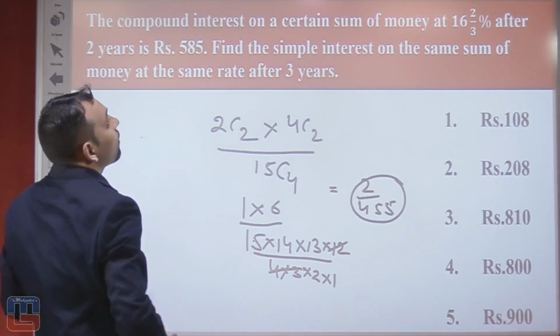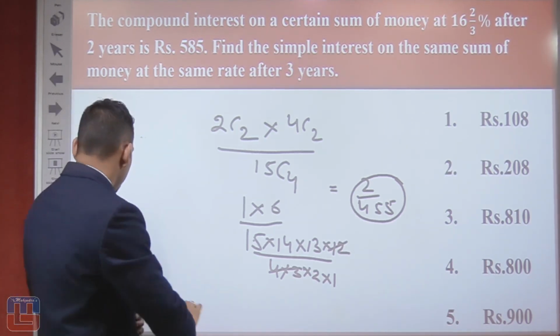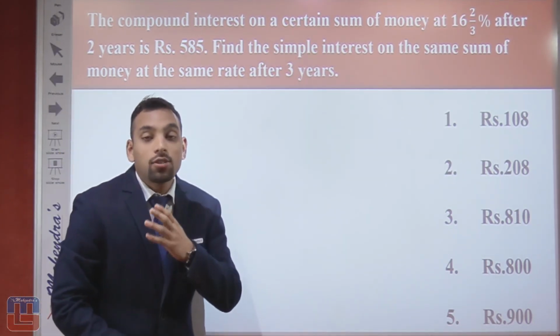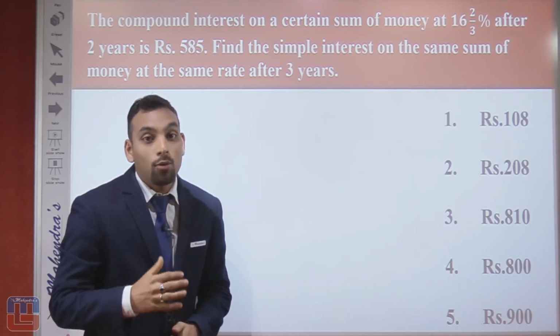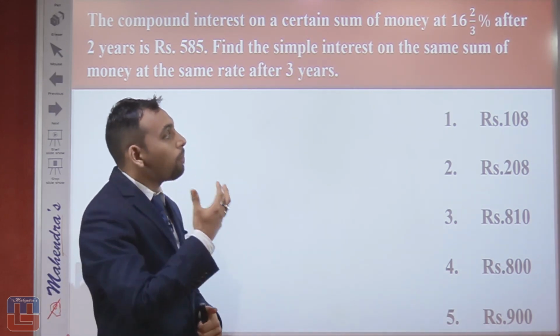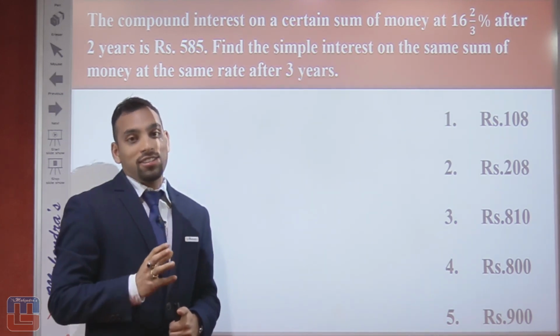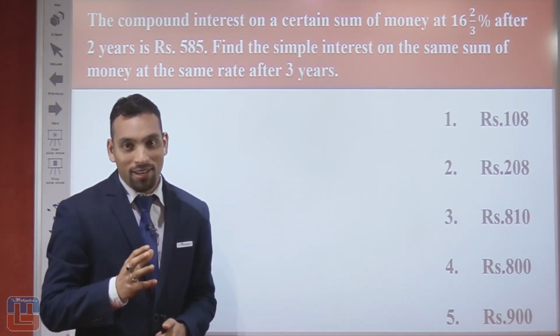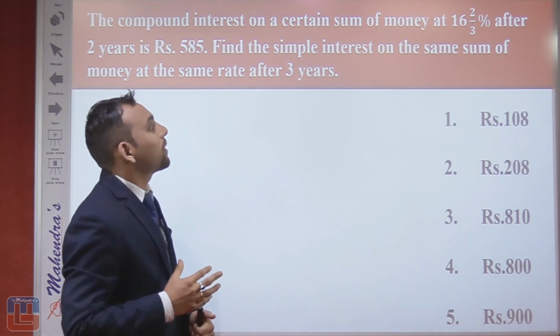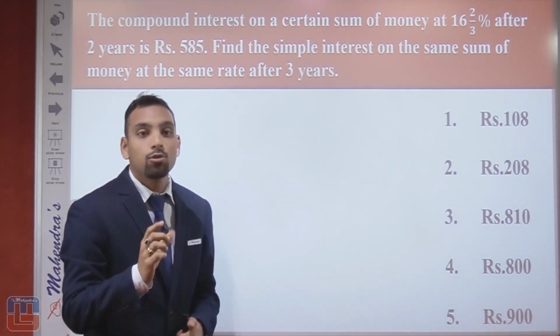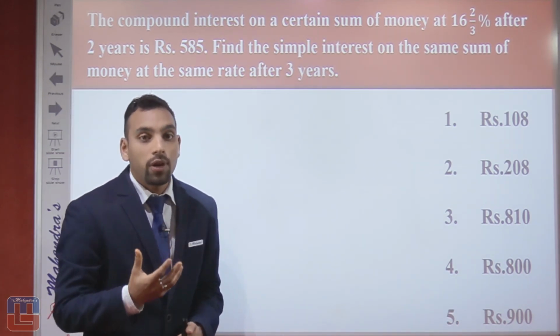The next question you can see here is from compound interest, a very important question. The compound interest on a certain sum of money at 16 2/3% after 2 years is rupees 585.